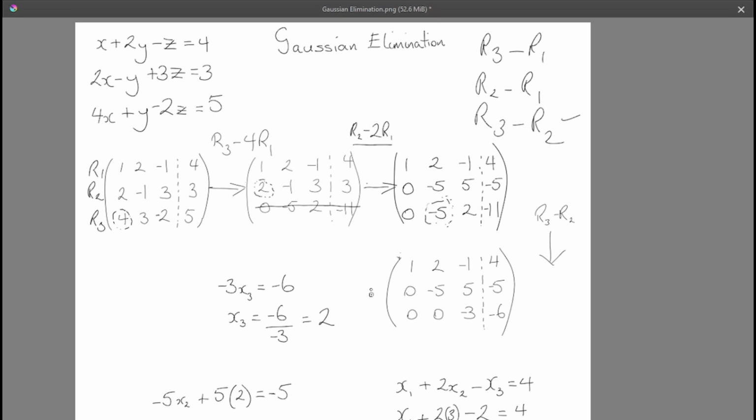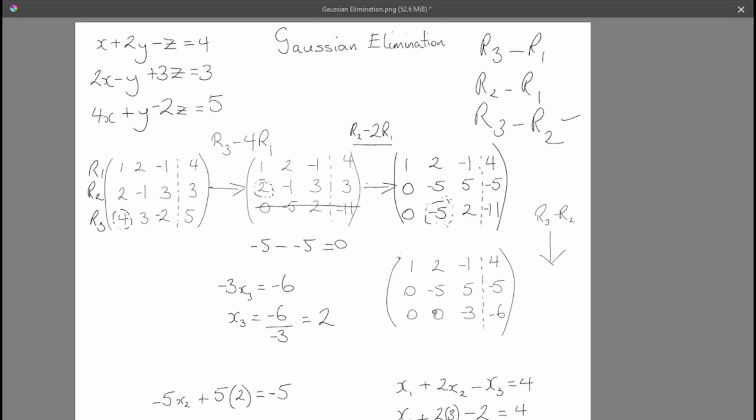For R3, R2, we're taking away R2 from R3. 0 minus 0 is 0. Minus 5 minus 5 will be equal to minus 5 plus 5, which will be equal to 0. So for the last one, we have it easy.